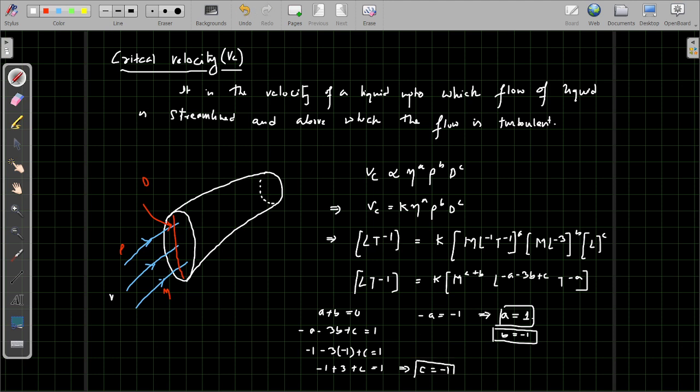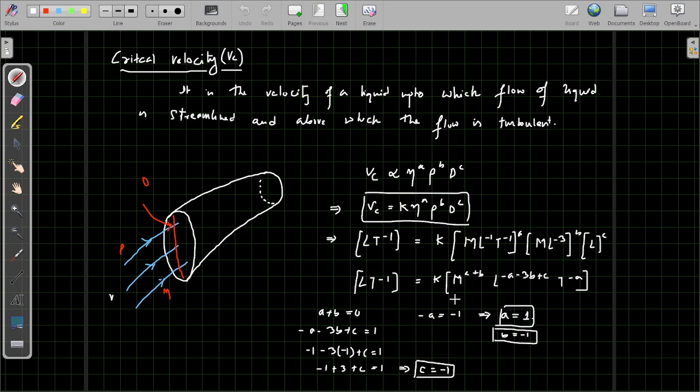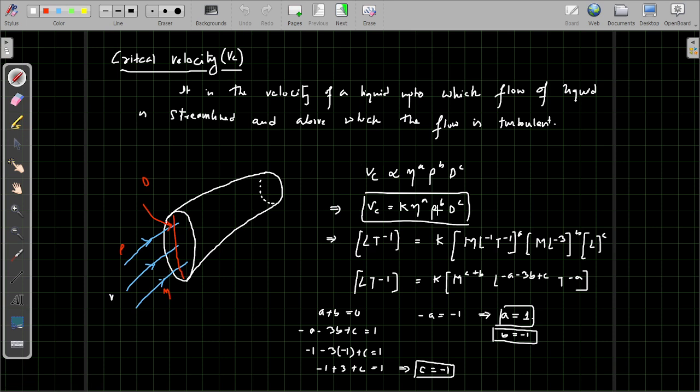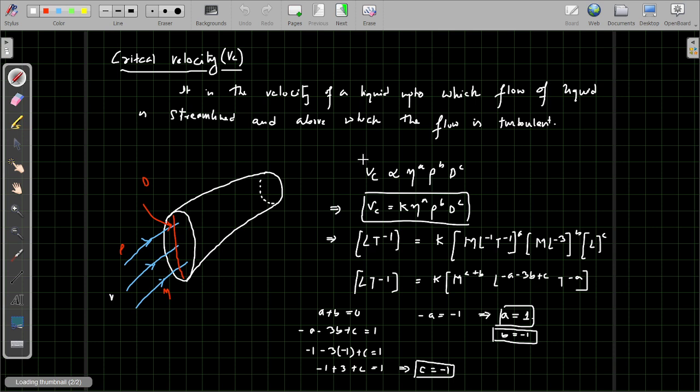We substitute these values in the main equation, and it should help us get the value of the critical velocity. So Vc is equal to K eta to the power A, where A is 1, so eta, into density to the power minus 1, and diameter d to the power minus 1.